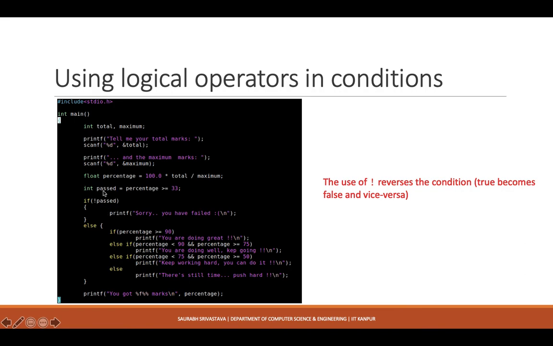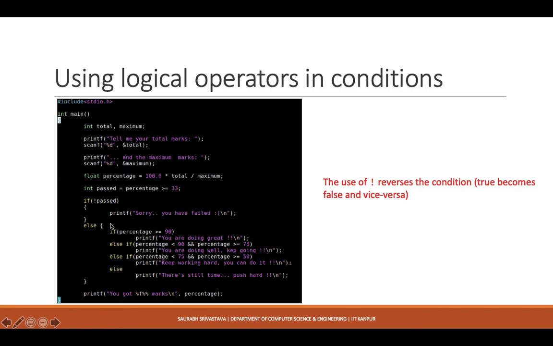And similarly, if passed was 0, it means that the person's marks were less than 33%. Not of 0 will become 1 and you will come inside this, and this will print a statement like this: sorry, you have failed. And then else. So else means that if you have failed, it will simply show this particular message and then it will go here, okay. So after executing this, it will simply come out and show this.